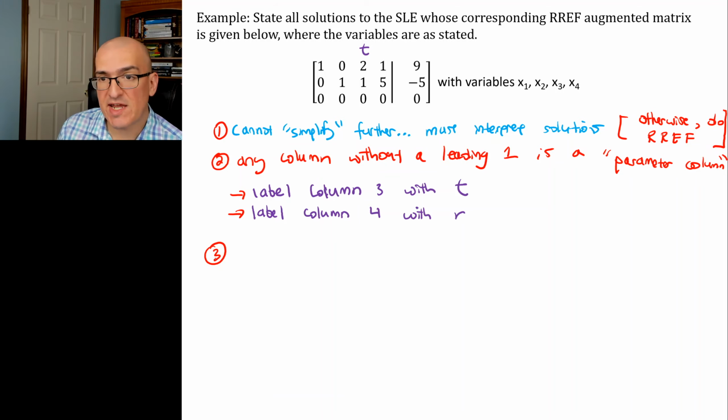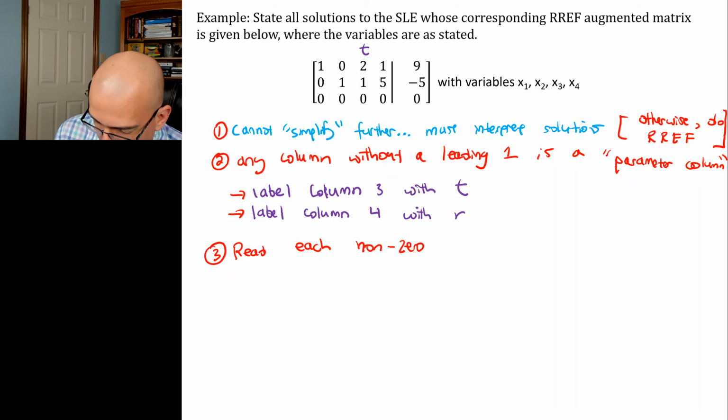Now, read each non-zero row. So what does row 1 say? What does row 2 say? I'll put row 3, even though it's a 0 row, it says nothing.